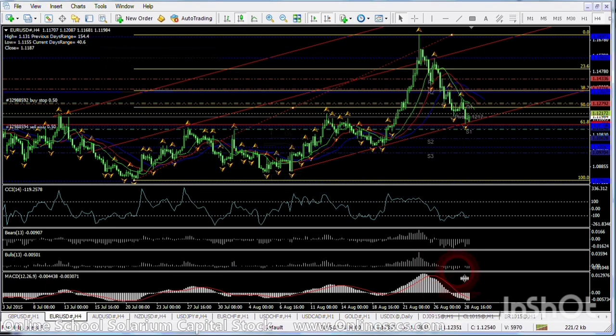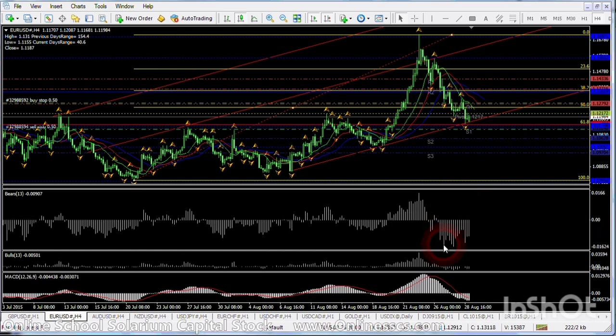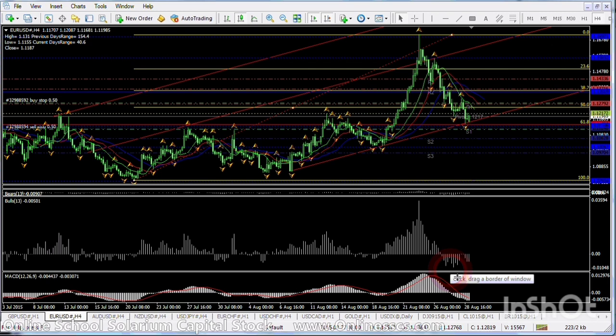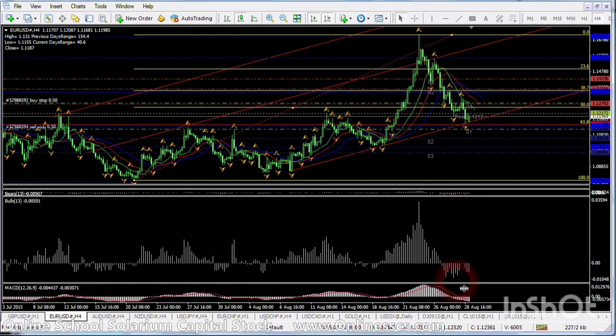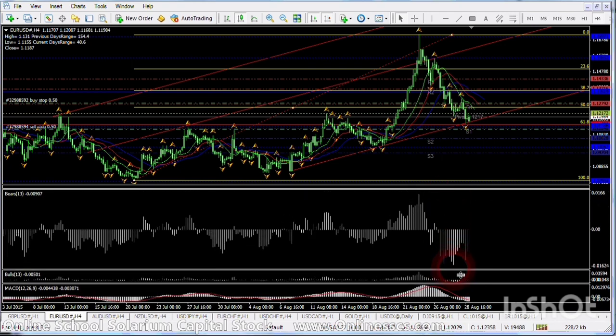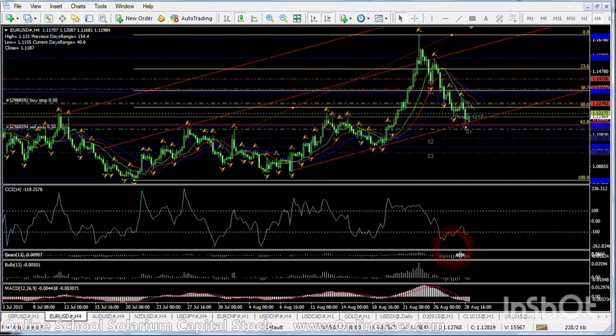I have drawn my Fibonacci. MACD: I see that bars are under the moving average. This one is lower than this one, so it's a sell signal.